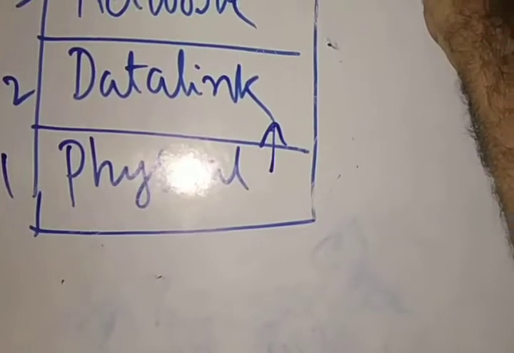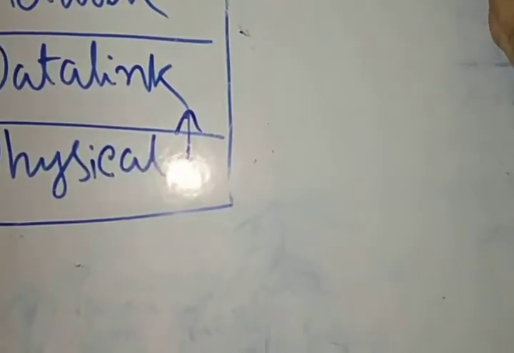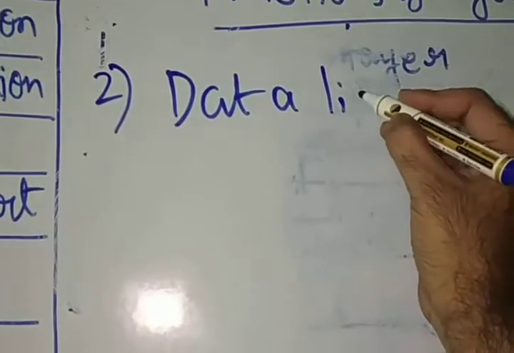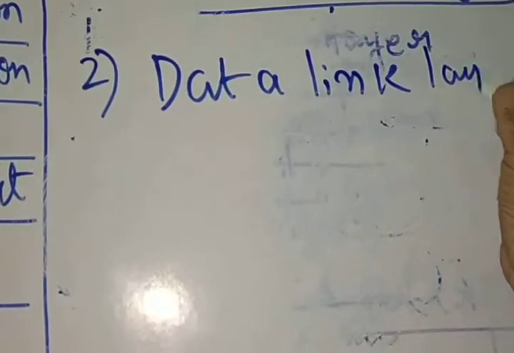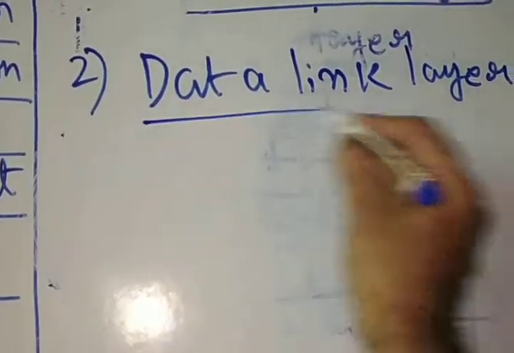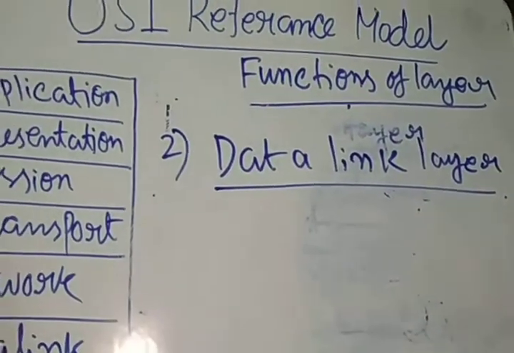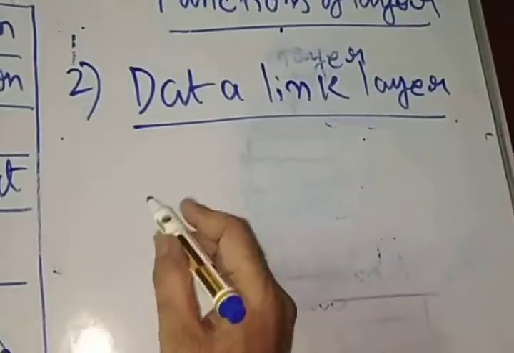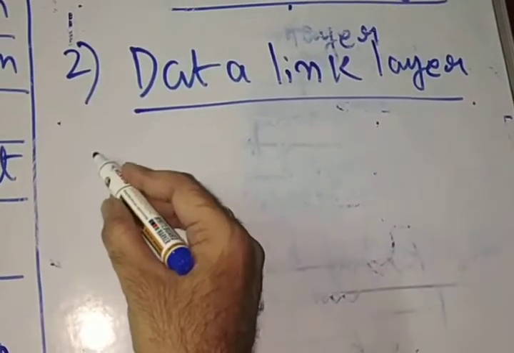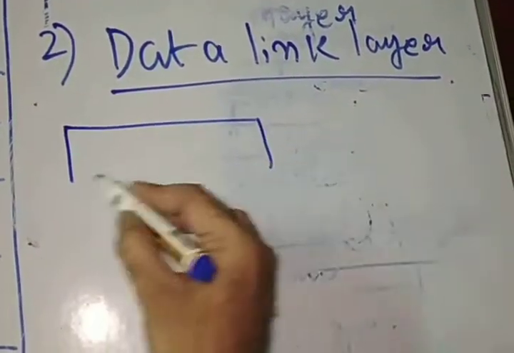In the data link layer, the second layer, the first and foremost function is that it converts the data into frames.